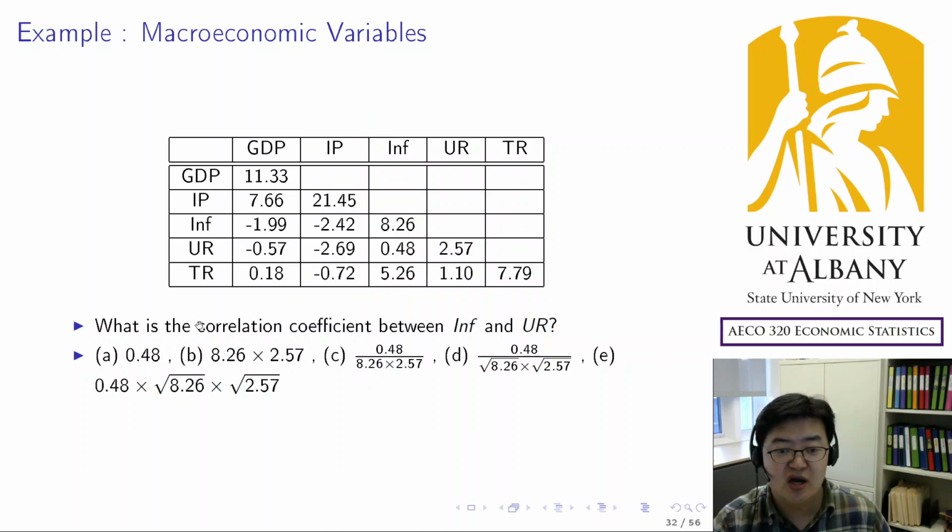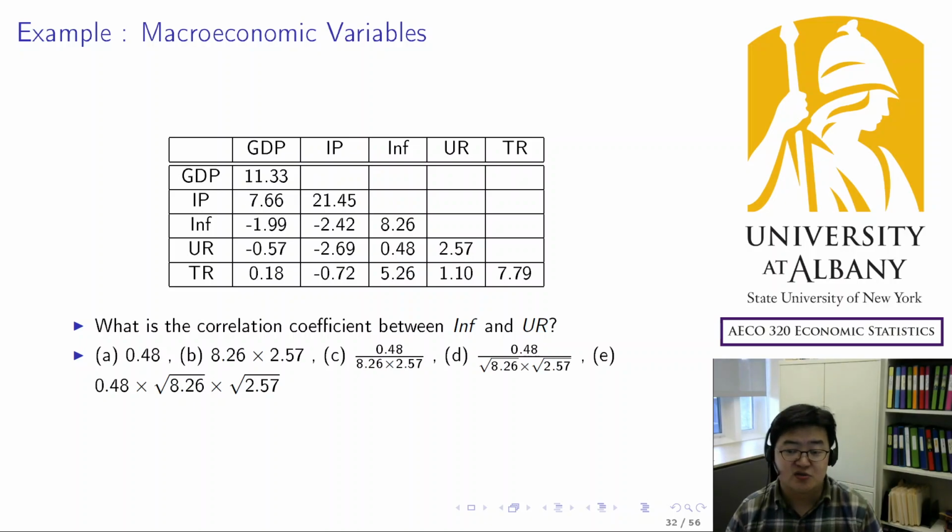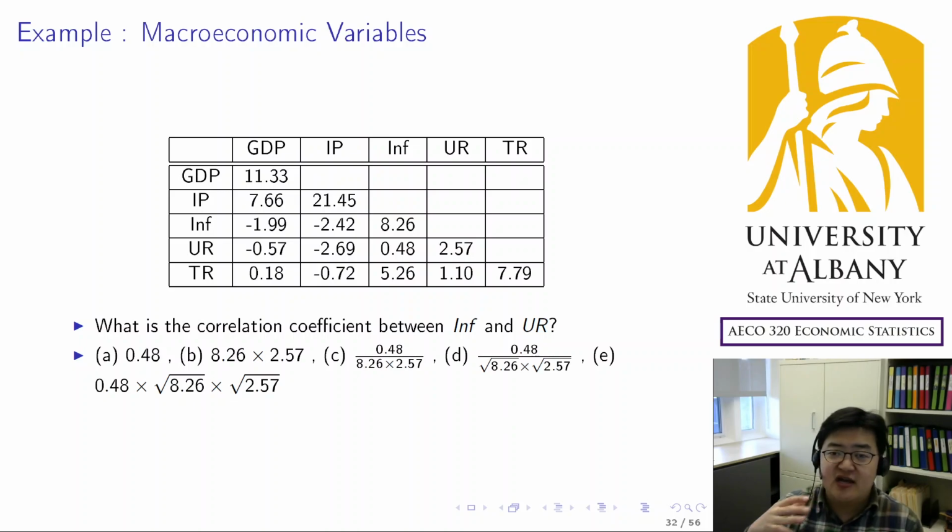Imagine how you can calculate the correlation coefficient between inflation rate and the unemployment rate. Using those numbers, try to guess what is the answer. Okay? So the answer is D. Because remember, the correlation coefficient is defined as the covariance divided by the 2 standard deviations. So covariance between inflation and unemployment rate, their cross-section is here, 0.48.